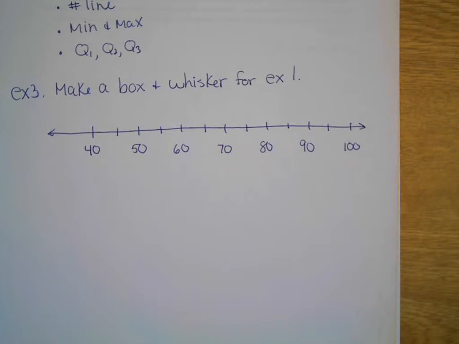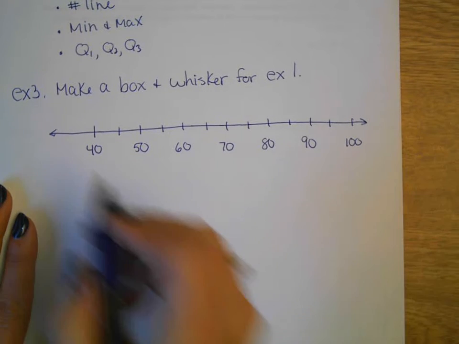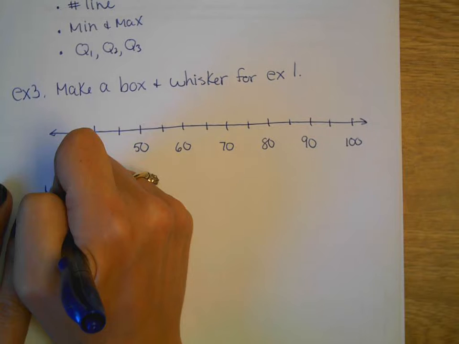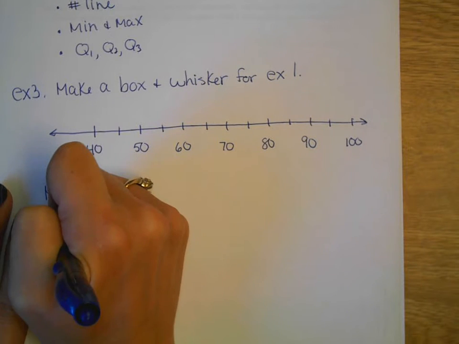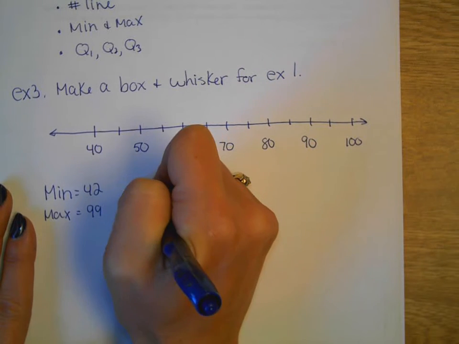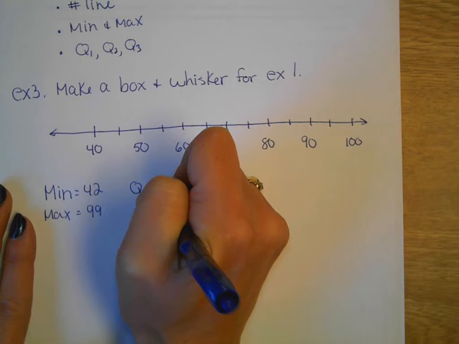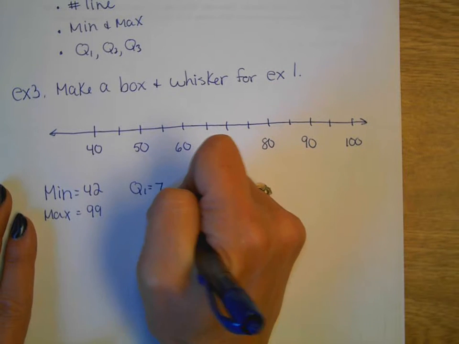Now you want to mark the 5 key values. You want the min, the max, and the 3 quartiles marked with a dot. So I'll write them down here so we know where they came from. Min was 42. Max was 99. Q1 was, where's my sheet? Over here, 71.